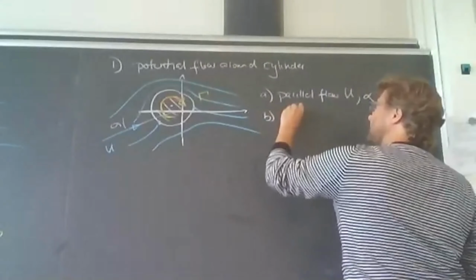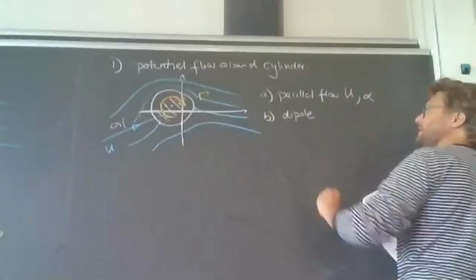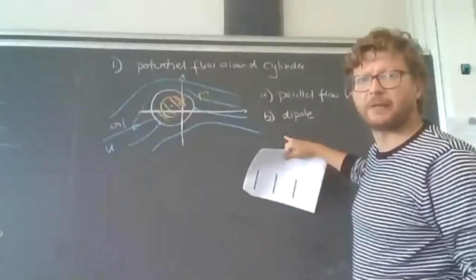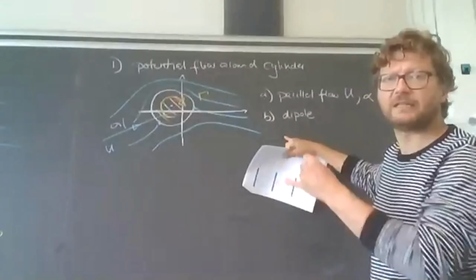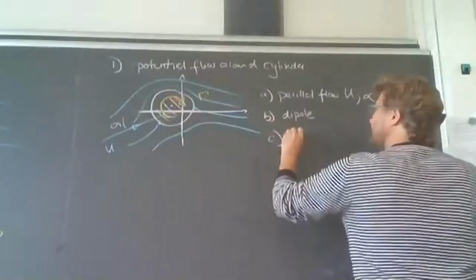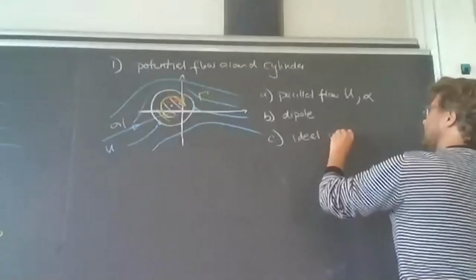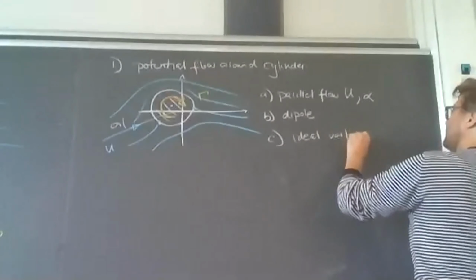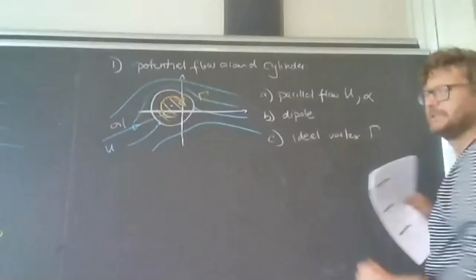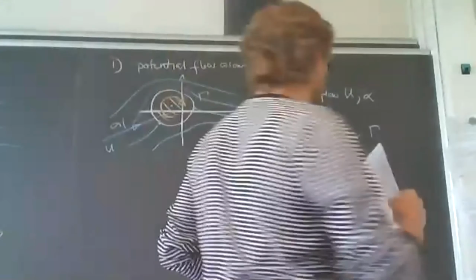B, we add the dipole. This defines, wherever we place it, our camber, and it defines the shape of our leading edge. And C, we add an ideal vortex, which adds circulation gamma. So we have A, B, and C that we're doing.